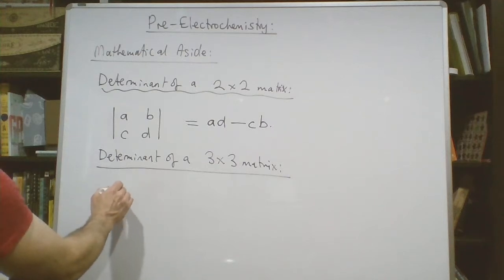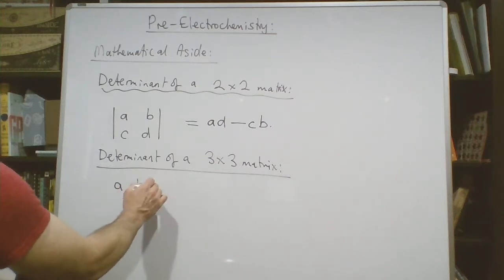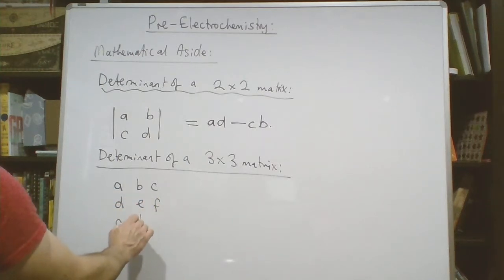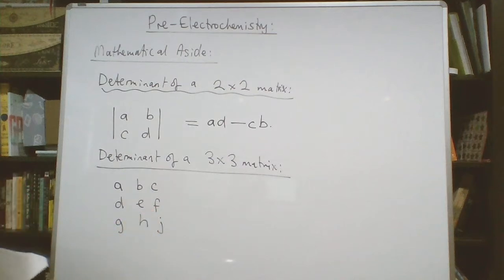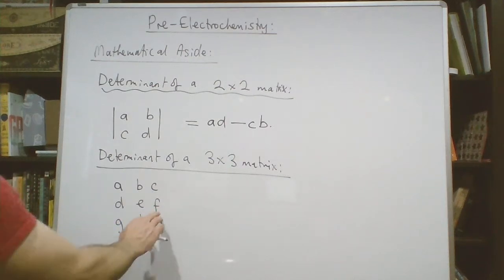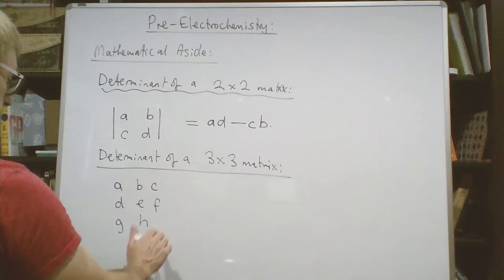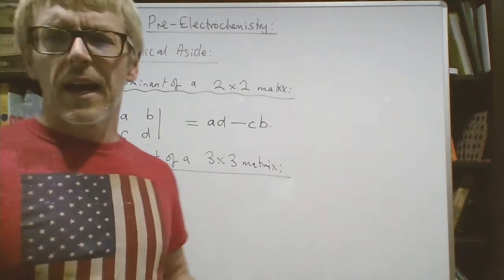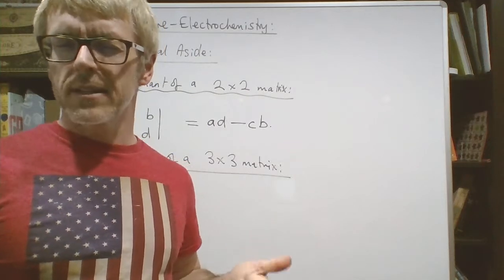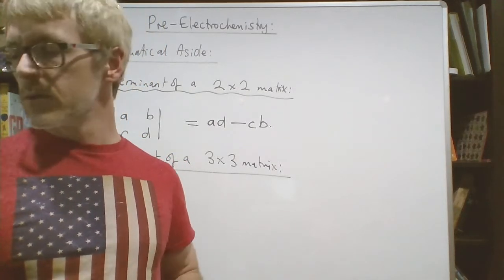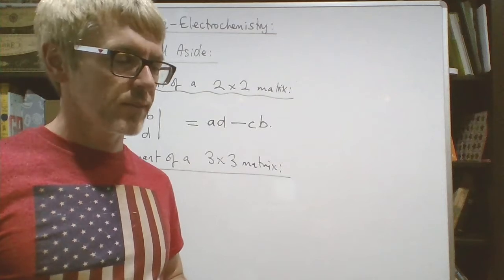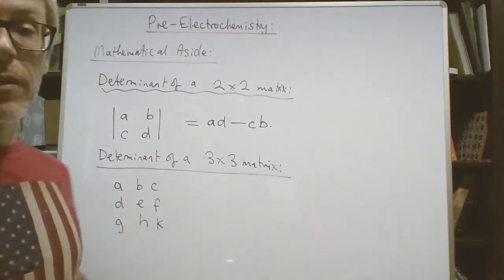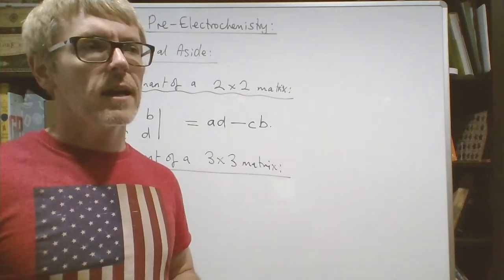So let's say we have a 3x3 matrix, A, B, C, D, E, F, G, H, and then I've missed out I. It's quite common to miss out I because I is an imaginary number, so typically you don't label things I for that reason.